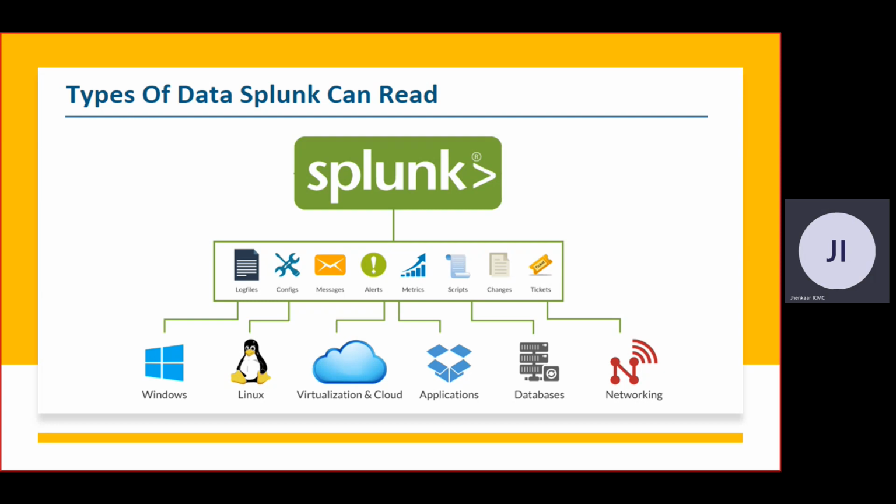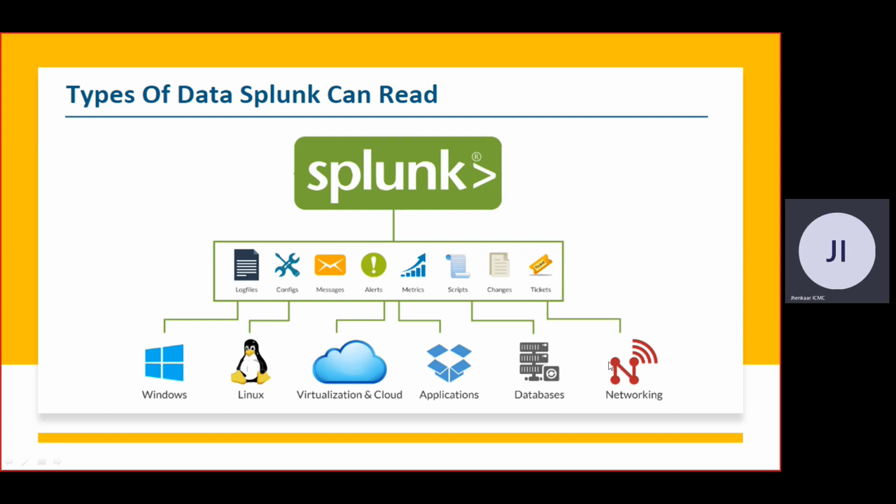All right. What type of data can Splunk read? Splunk can read configuration data, messages, alerts, whatever data is available in our real-time applications. All these logs or data can be read and stored in our Splunk database. For example, Windows logs, Linux, or any of the cloud machines or cloud services, applications, databases, networking, routers, switches.